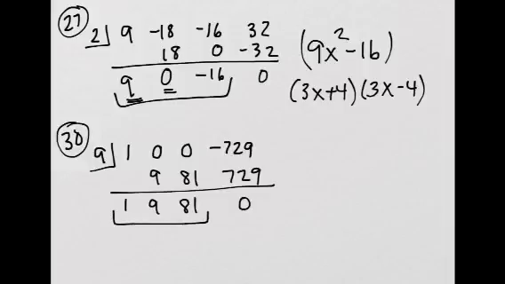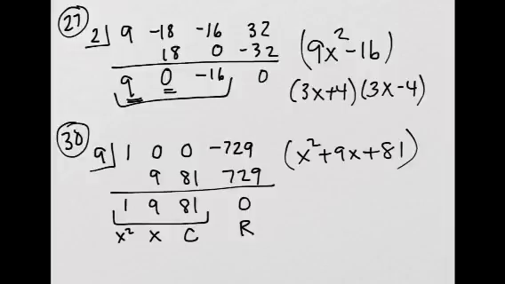So here's the remaining polynomial, the factor. So this would be x squared plus 9x plus 81. Because remember, this is the remainder, this is the constant, this is your x, and this is your x squared. Okay? And this one does not factor anymore, so this will be the other factor.